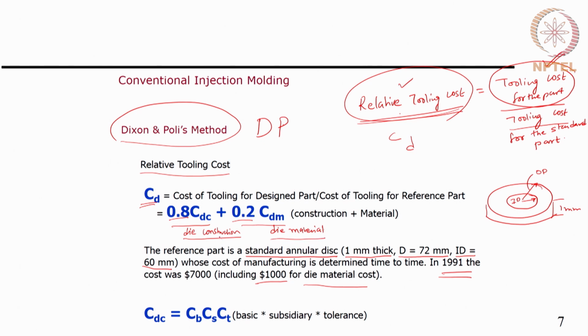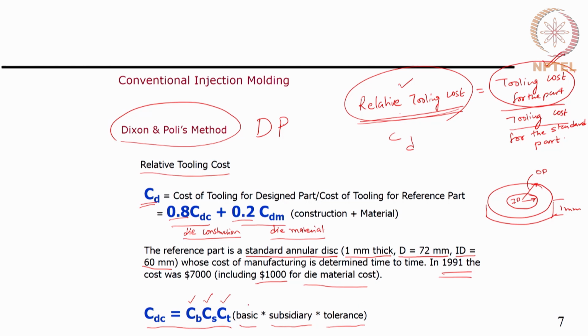The die construction cost is further decomposed into three relative cost components, namely CB, CS and CT. CB is the basic die construction cost, CS is the subsidiary die construction cost, and CT is the tolerance cost associated with the die construction.